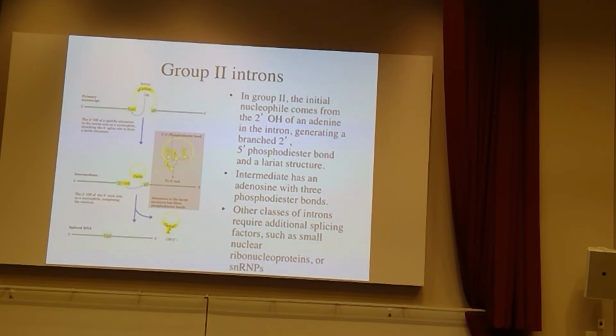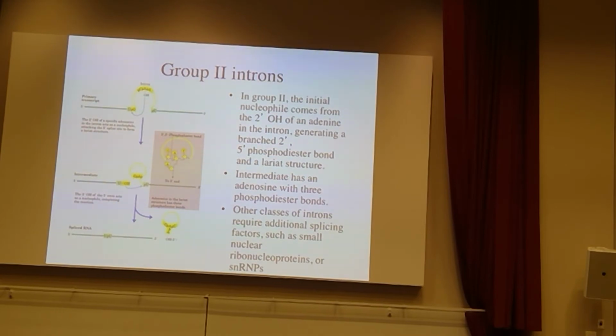So at that point, we generate an intermediate where we have that adenosine that's actually got 3 phosphodiester bonds. It's got the typical 3', 5' diester bonds, and now it's got an additional phosphodiester bond at the 2' position as well.